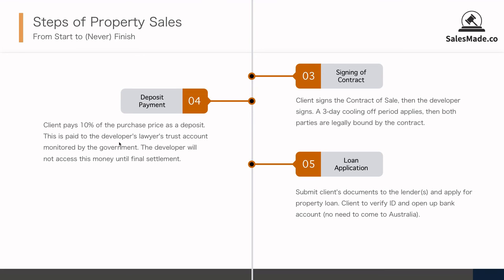Loan application. So this is after paying the deposit. We're now in the contract. The buyer and seller are now legally bound by the contract. Then the client, the buyer, will need to submit documents to the lenders or the banks and apply for a property loan. The documents include ID, for example, passports, driver's license, citizenship card, Medicare card, things like that.